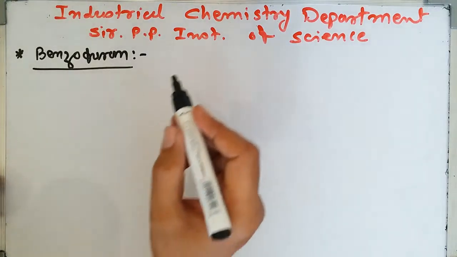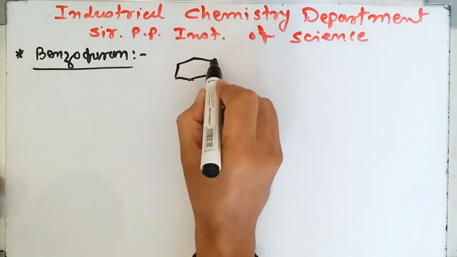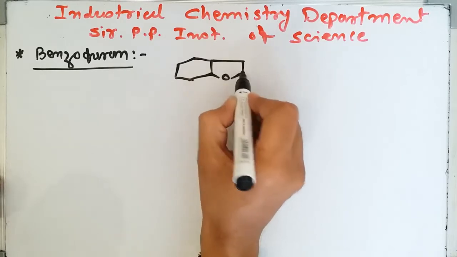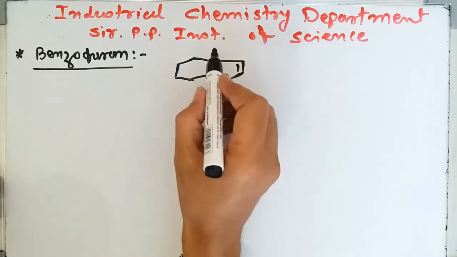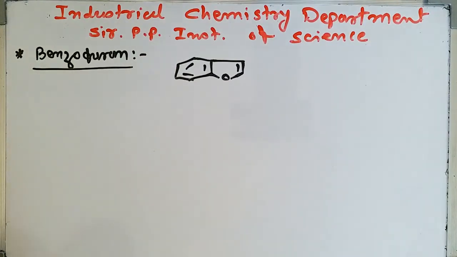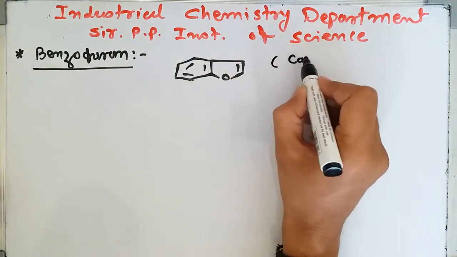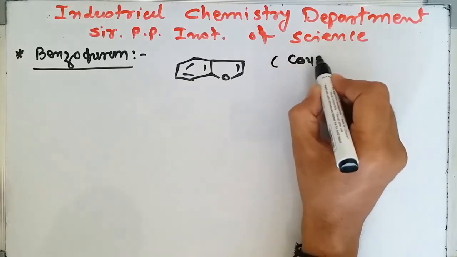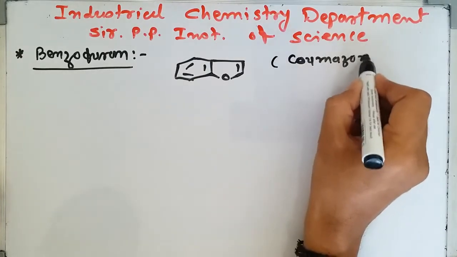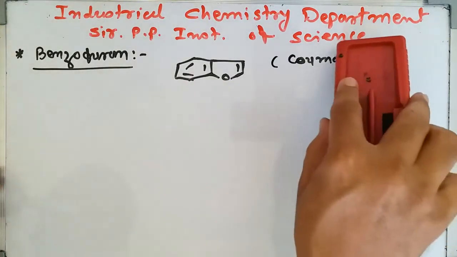It is denoted by its structure. We write down one oxygen heteroatom condensed with benzene, so it is known as benzofuran, and it is also known as coumarone.